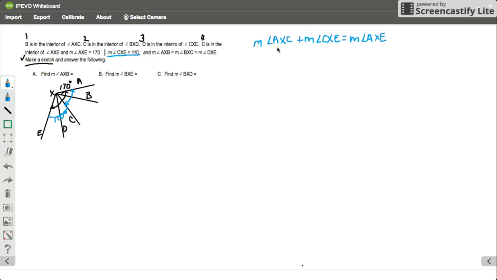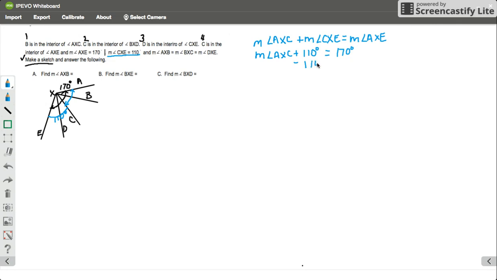So if we substitute in our known values, our measure of angle AXC plus 110 degrees will have to equal 170 degrees.